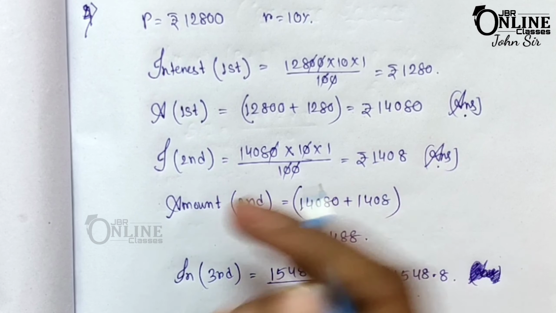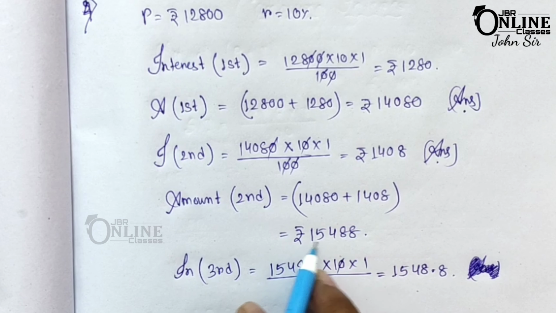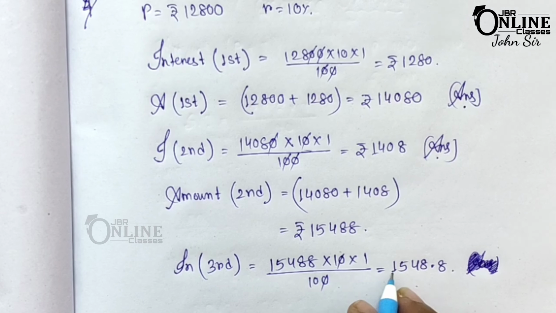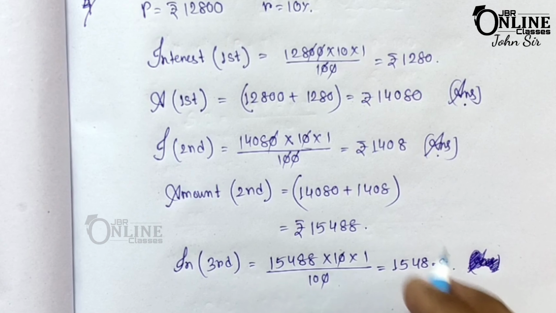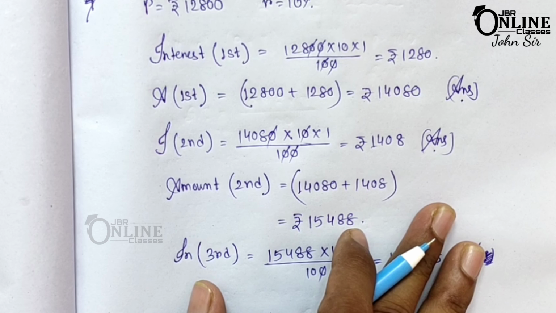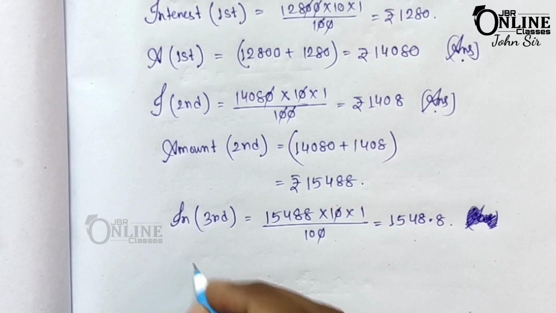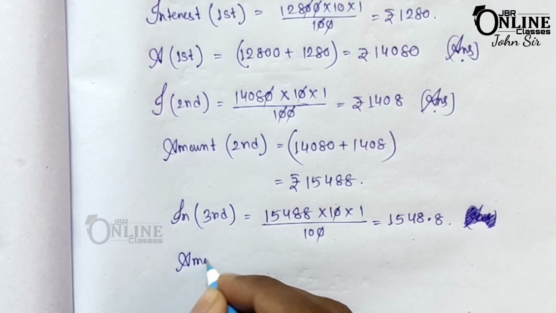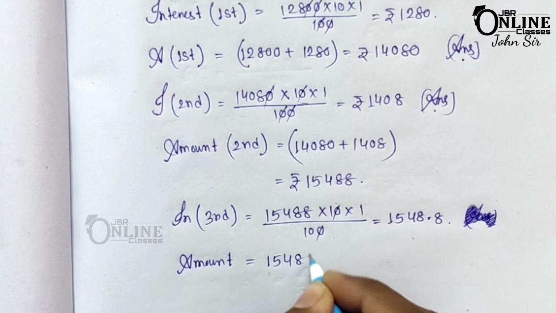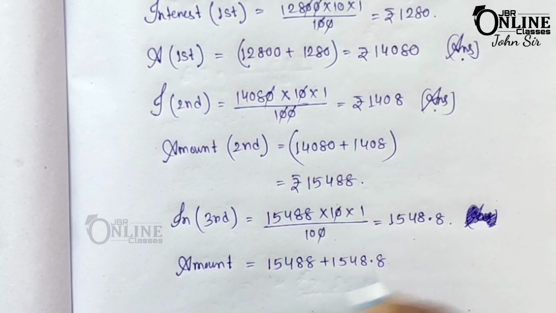Now next you have to find the amount for the second year, and that will be principal plus interest, that equals 15488. So interest for the third year will be 1548.8. Next, the third one, you have to find the total amount due to him at the end of the third year. So at the end of the third year, the amount will be 15488 plus 1548.8.